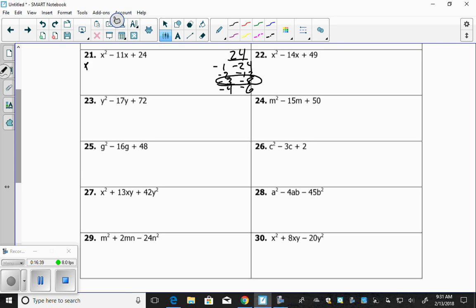Rewrite. Group. What's common? What's common again?